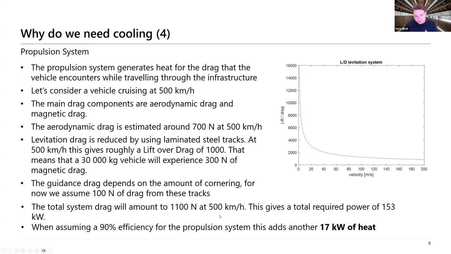Then the total system drag adds up to around 1,100 newtons, or around 150 kilowatts. And then assuming that we can build a propulsion system that is 90% or above efficient, this means that you will generate another 17 kilowatts of heat on board from just the motor system alone.